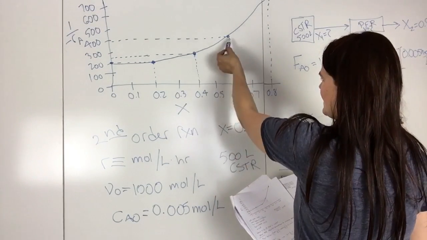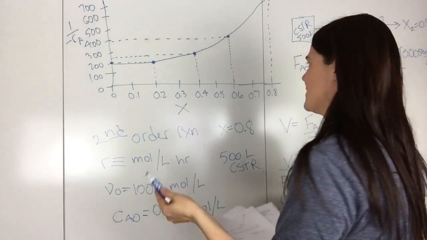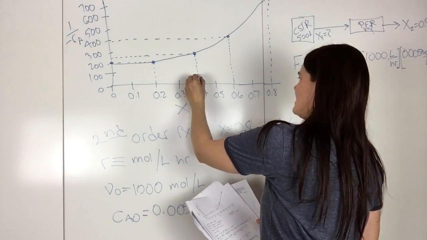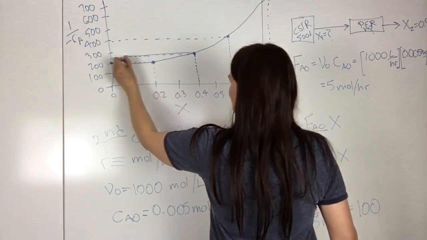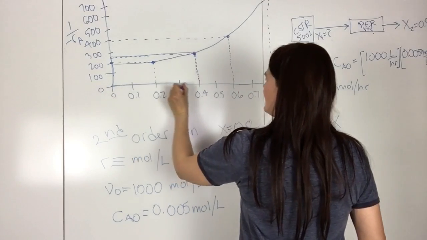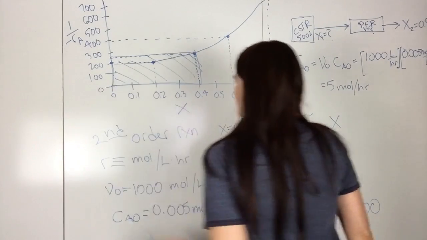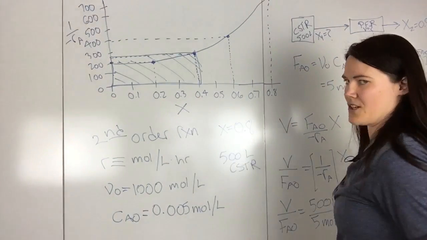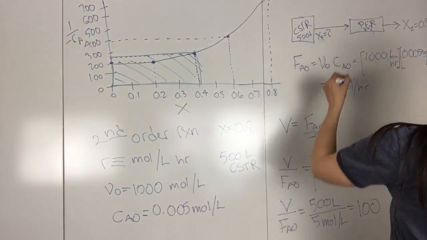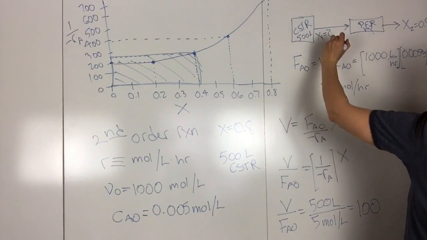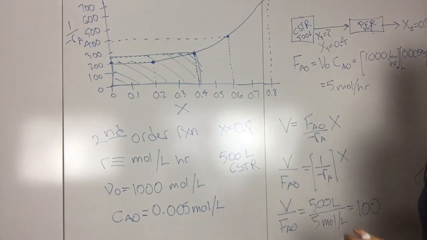If you go to 0.6 multiplied by 400, that's more than 100, so it has to be lower. The answer is actually 0.4 multiplied by 250 is 100. So the conversion for this particular CSTR is 0.4, so x1 is 0.4.